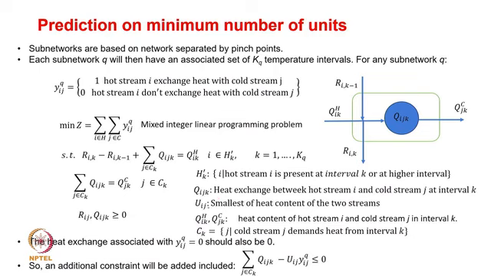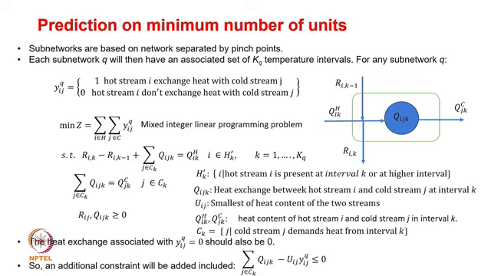Uij, we will define as the smallest heat content of two streams at a later time, and Qhik and Qcjk are the heat content of the whole hot stream i and the cold stream j in the interval k. This we have previously defined. And here also we see that Rik and Qijk should be greater than or equal to 0.